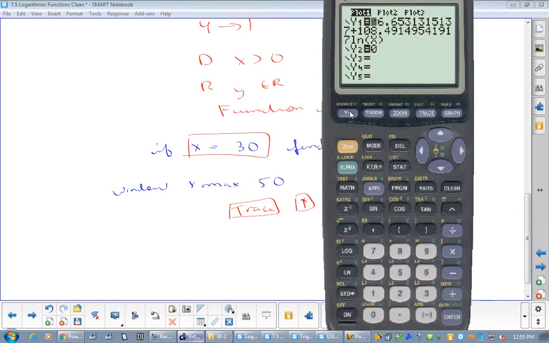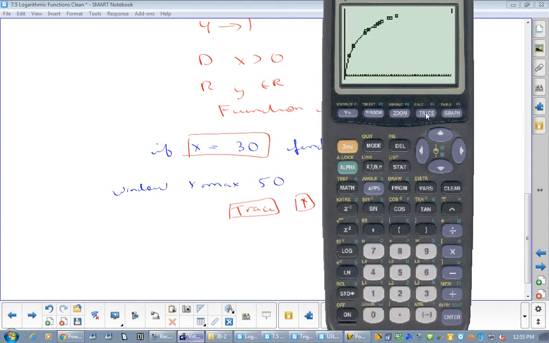Oh yeah, I want to get rid of that other one because that's doing some bad stuff. So we do want to clear the other line. Trace. So trace up, and then 30. Okay, let's round to the nearest tenth.